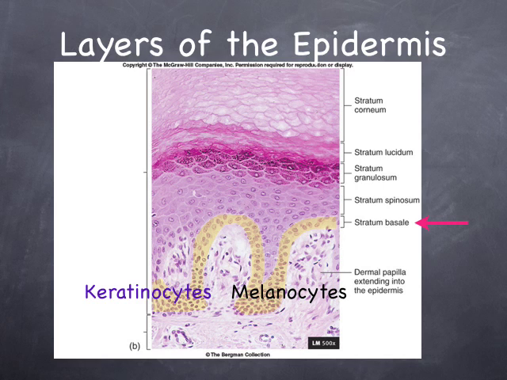Now, if you're out in the sun, your skin color can change, can darken or lighten. But the basic skin color you have is due to the number of melanocytes embedded down here in the stratum basale. If you have a darker skin color, you have many, many melanocytes there. If you have a lighter skin color, you have very few.